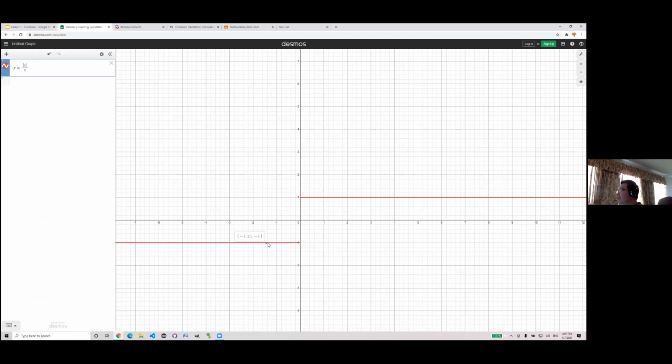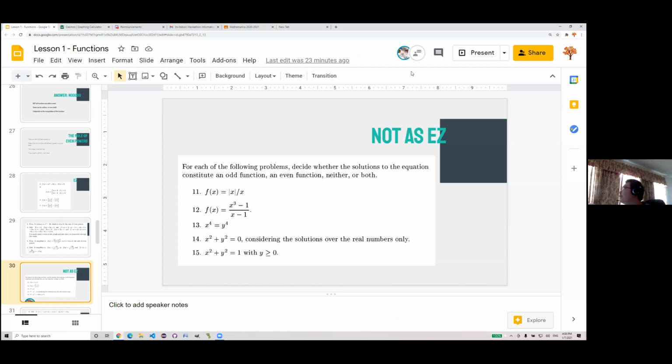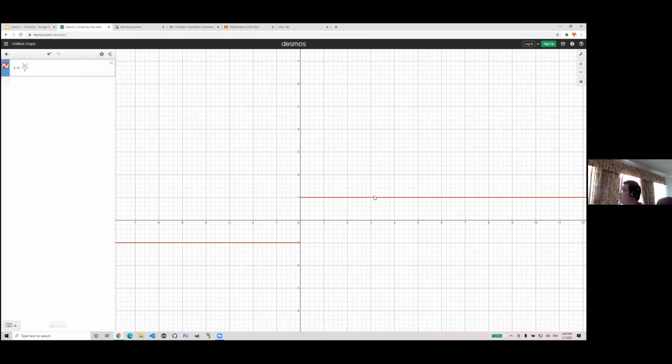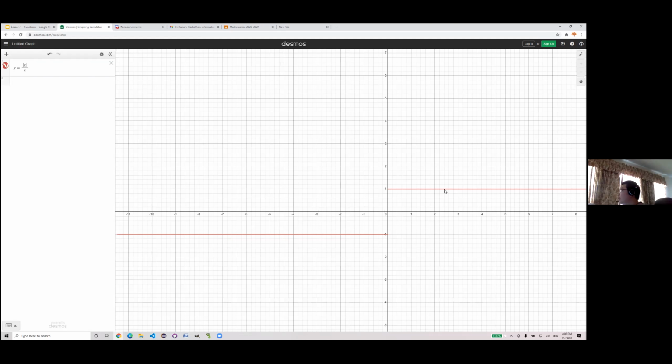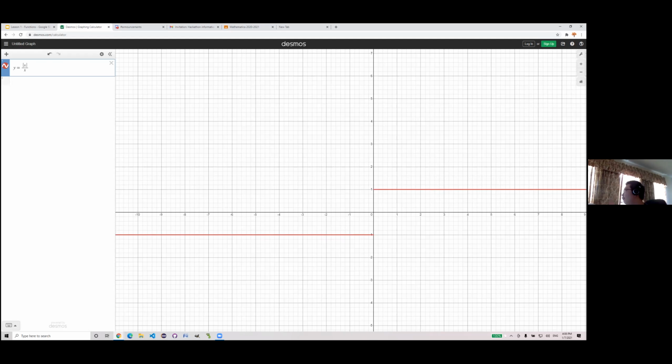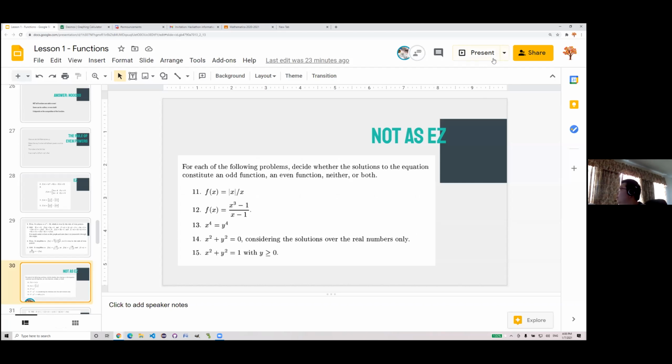This one becomes negative because x is negative, and this one becomes positive because x is positive. So now you see how cool this is. You can actually check this by graphing the function. It's just a trick I wanted to show you because it's really easy to check your work, and you also learn how to graph functions, which we're going to touch on, how to visually think of how functions work. All right.